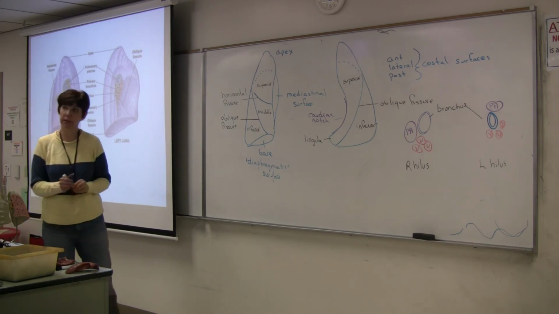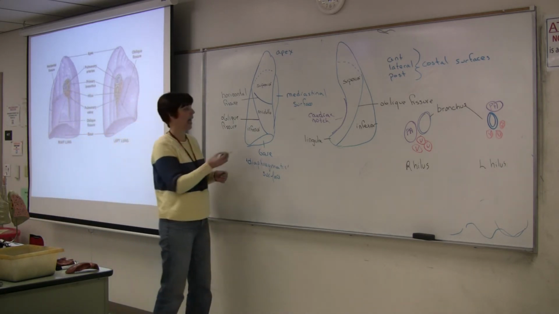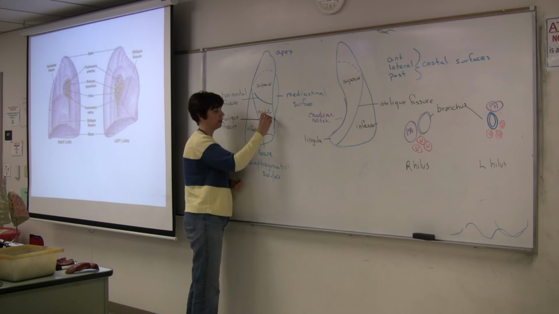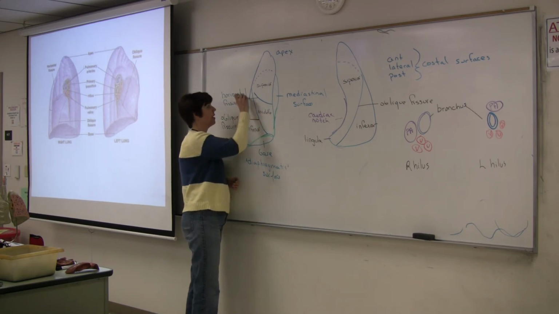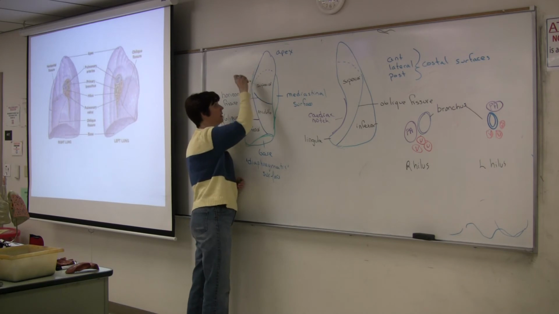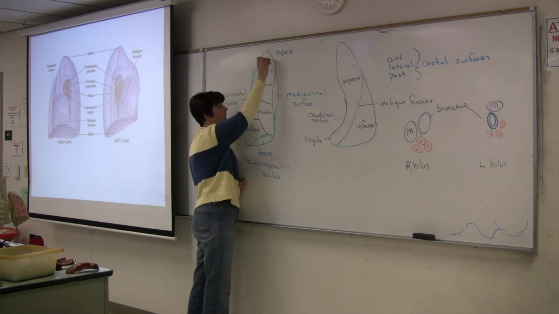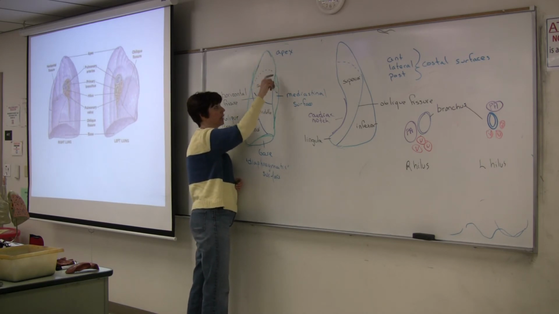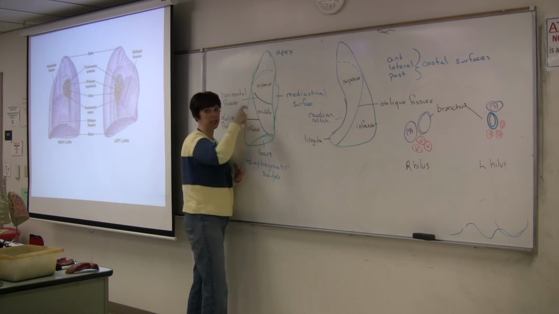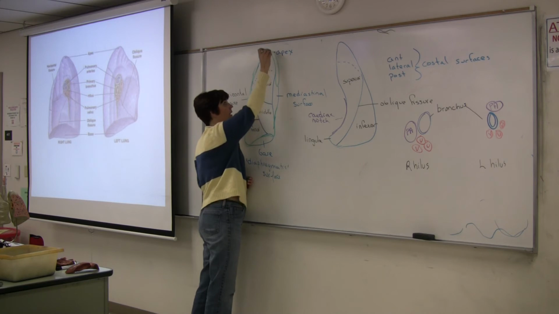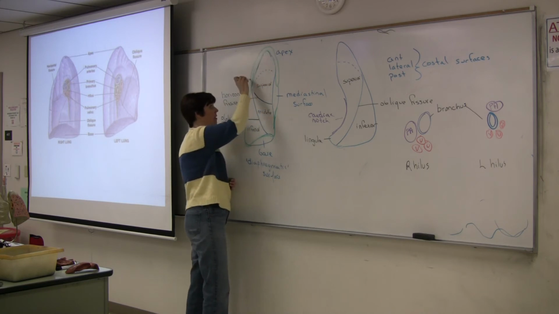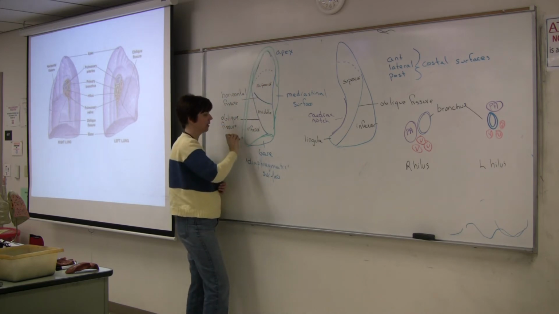So attached to the surface, we have visceral pleura. It's going to be attached to the surface of the lung. The simple squamous epithelium. And then when it reaches the hilus, it reflects back on itself and now attaches laterally to the intercostal muscles.